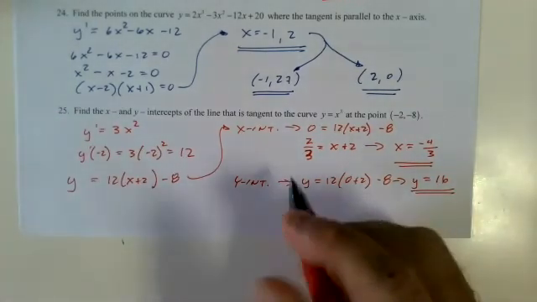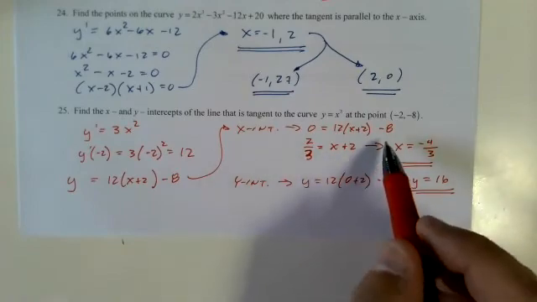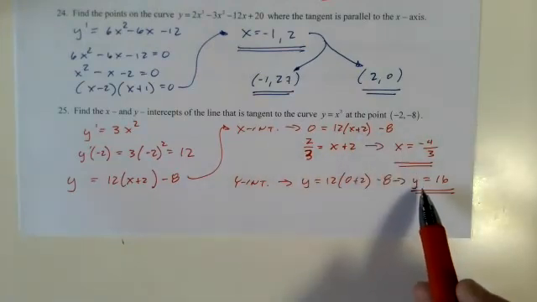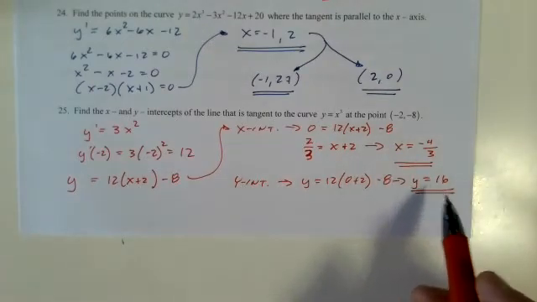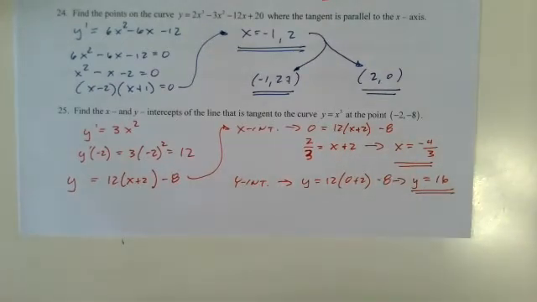And you might want to write them as, what is it? 0, negative 8, and no, that's wrong. Negative 4/3 comma 0 and 0 comma 16, but you don't have to.